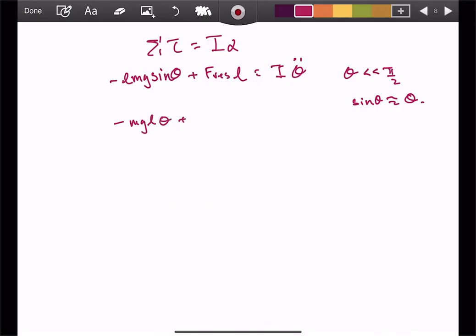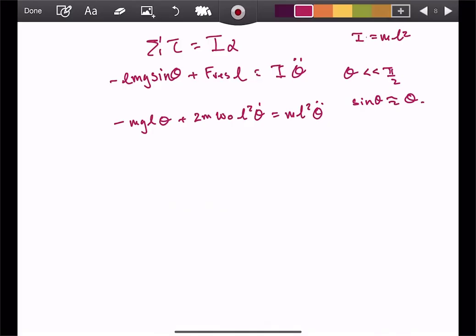This is going to be 2m omega 0, because again, square root of g over L is omega 0, times L squared times theta dot, equal to, since I have a point mass, my moment of inertia is simply the mass times the length squared. So I'm going to get mL squared theta double dot.